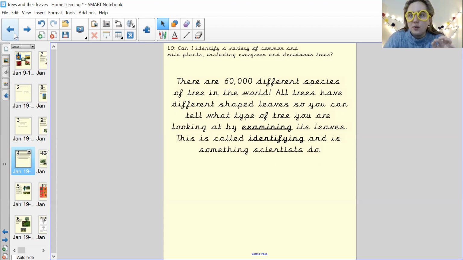And evergreen leaves are smaller and they're usually shaped a little bit like needles, thin and small leaves, okay? So that's the difference. When we're looking at these next few trees, we're first going to have a look at the shape of the leaf, and I want you to use your examination eyes to figure out whether you think it's a deciduous leaf or an evergreen leaf. Okay, let's have a look.